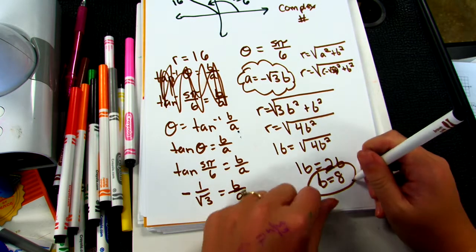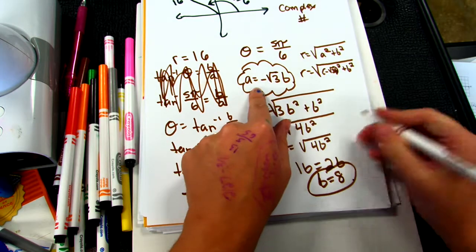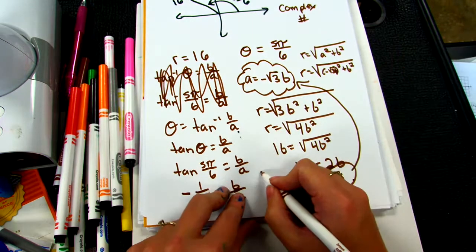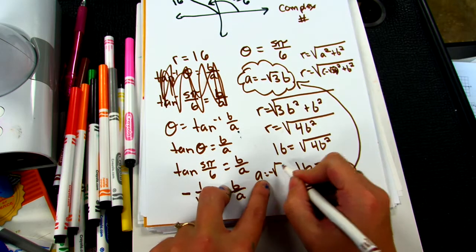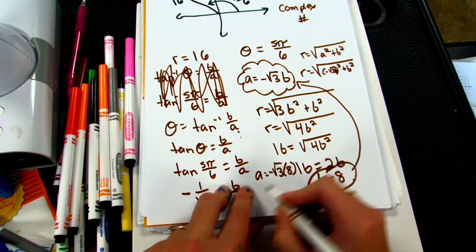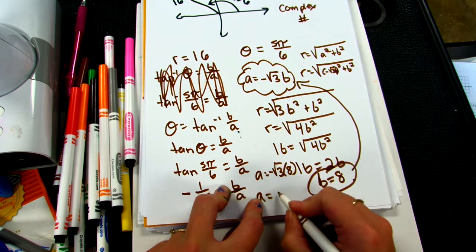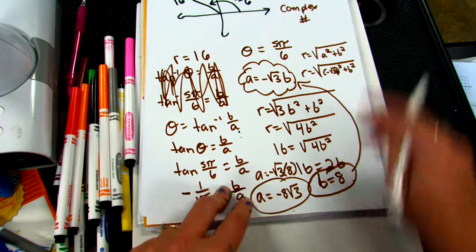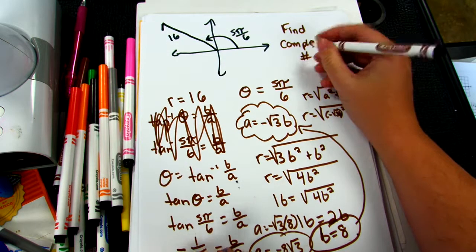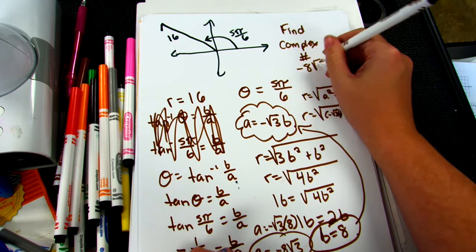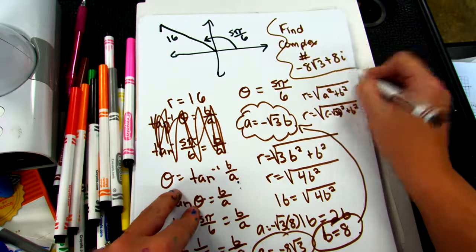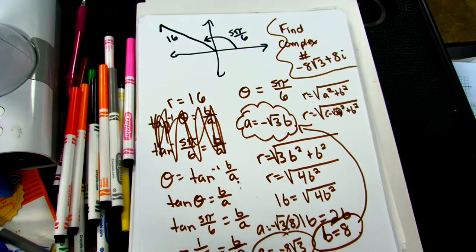All right, we've got an actual number, okay? So if b is 8, that means a, we can plug that back into here, that means a is equal to negative square root of 3 times 8. So a is equal to negative 8 square root of 3. So we've got an a, we've got a b, complex number, so negative 8 square root of 3 plus 8i.